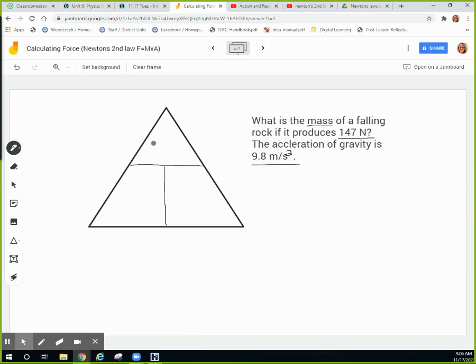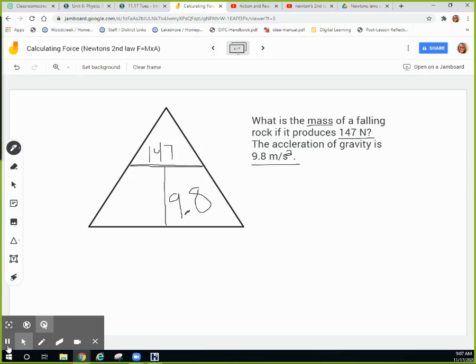We have 147 newtons and an acceleration of 9.8 meters per second squared. So how do we find mass? We're going to find mass by dividing. Remember, this line means to divide.